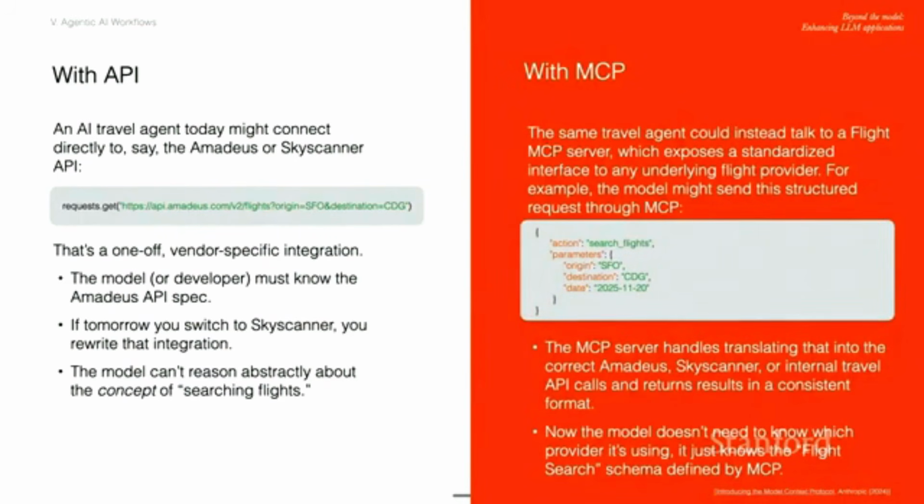MCP, it's really about putting a system in the middle, sort of, that would make it simpler for your LLM to communicate with that endpoint. So for instance, you might have an MCP server, an MCP client, where you're trying to communicate with that travel database or the flight API, and your agent might actually just communicate with it and say, hey, what do you need in order to give me more flight information?